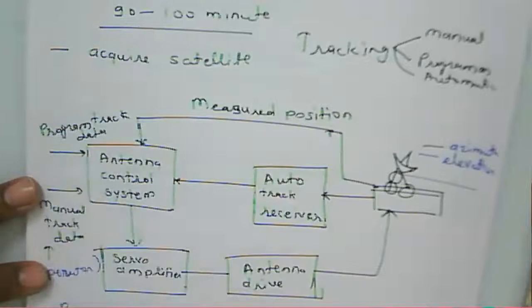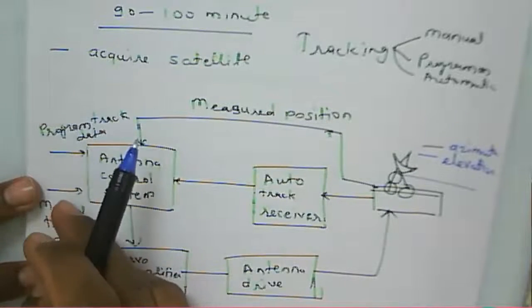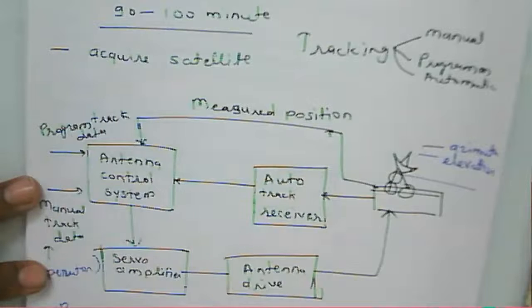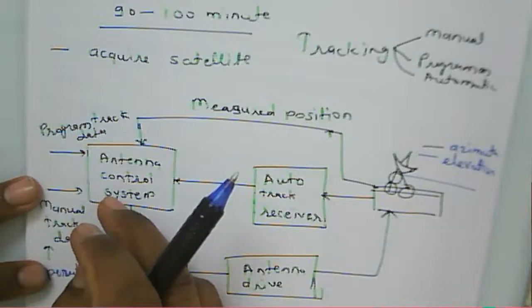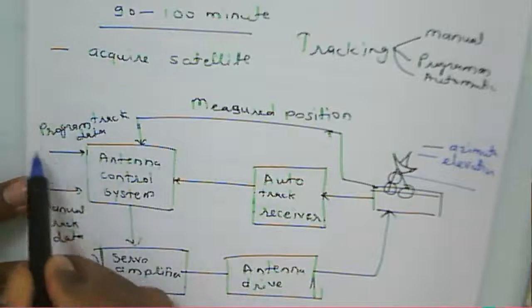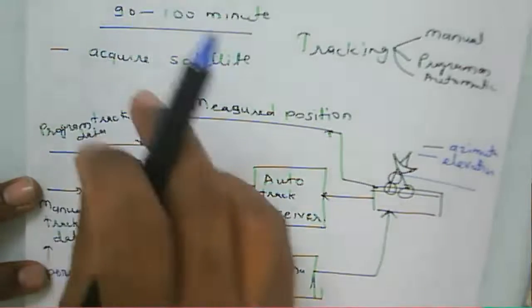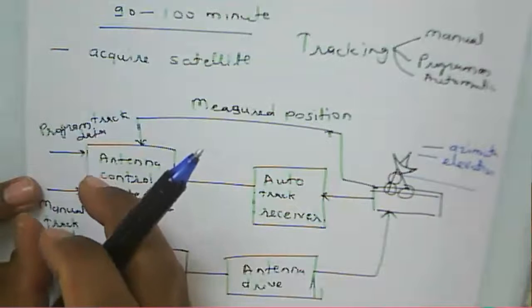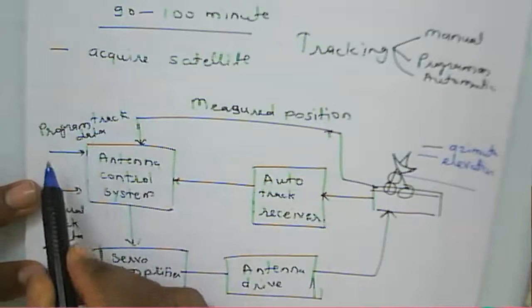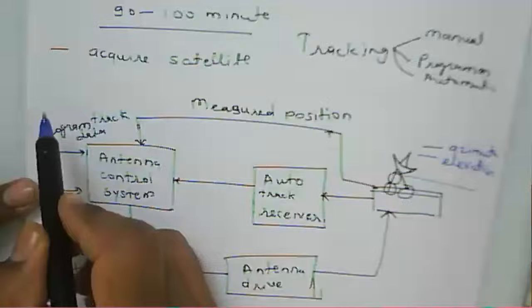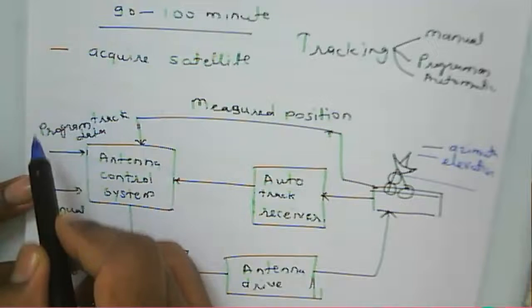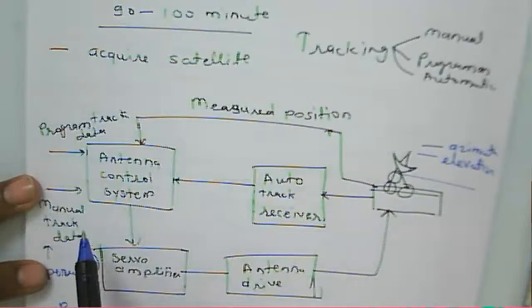That file, the program data, is to be updated on a weekly or monthly basis. The accuracy of this program track data depends upon what input we provide, or what data we have generated for tracking the satellite.